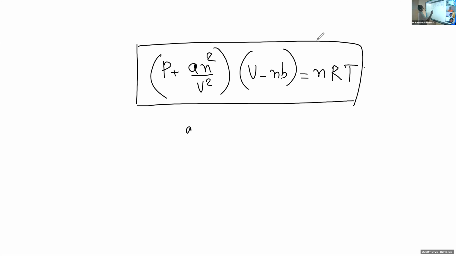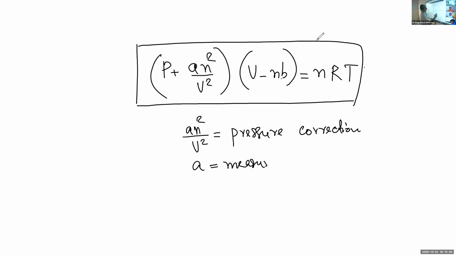Here, a n square by V square is called the pressure correction. And here, a is a measure of the intermolecular force of attraction.